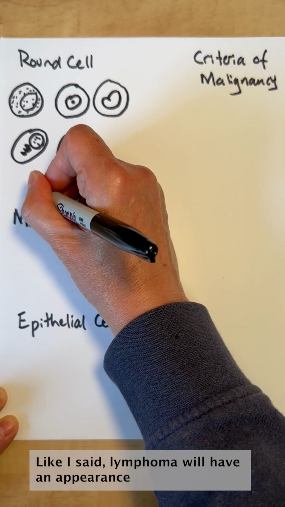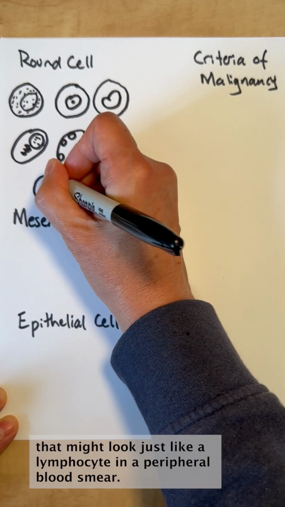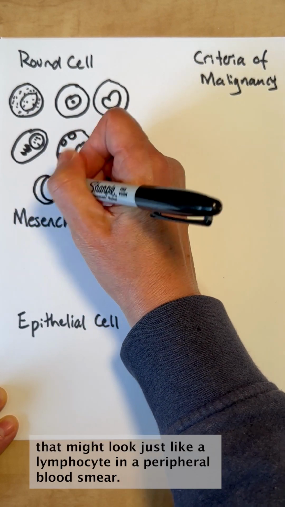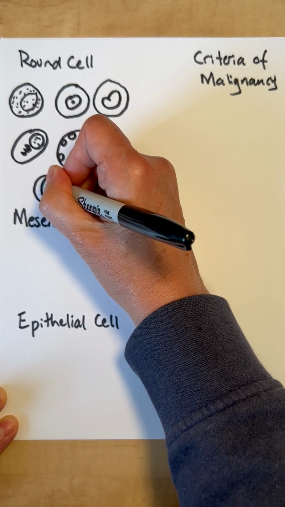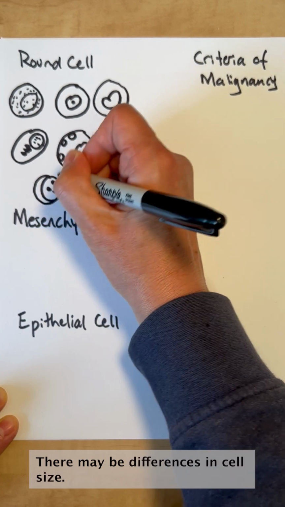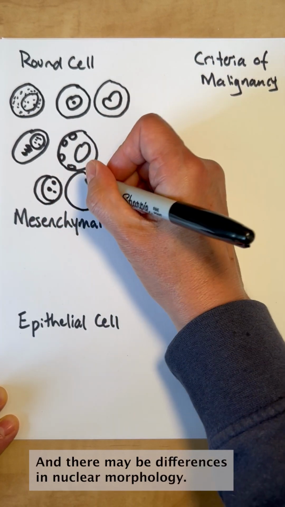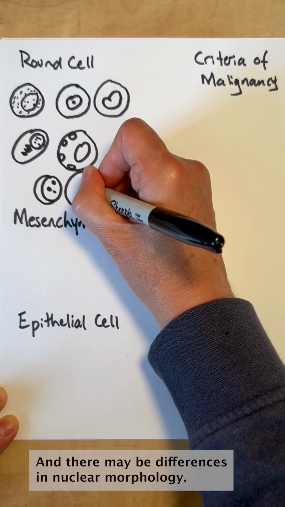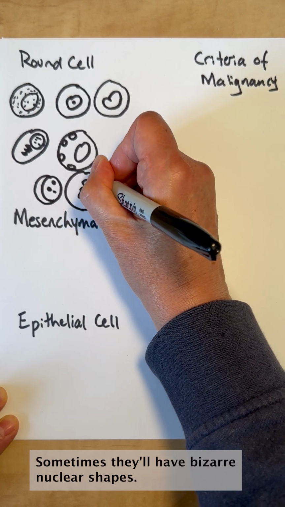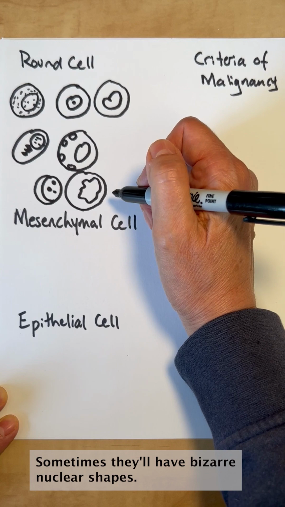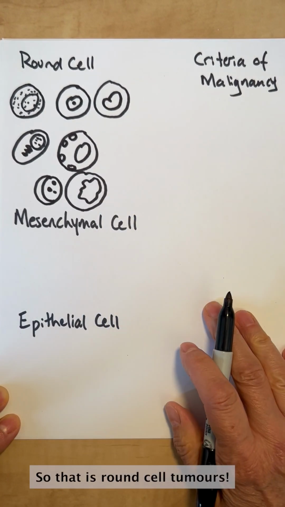Like I said, lymphoma will have an appearance that might look just like a lymphocyte in a peripheral blood smear. There may be prominent nucleoli. There may be differences in cell size, and there may be differences in nuclear morphology. Sometimes they'll have bizarre nuclear shapes. So that is round cell tumors.